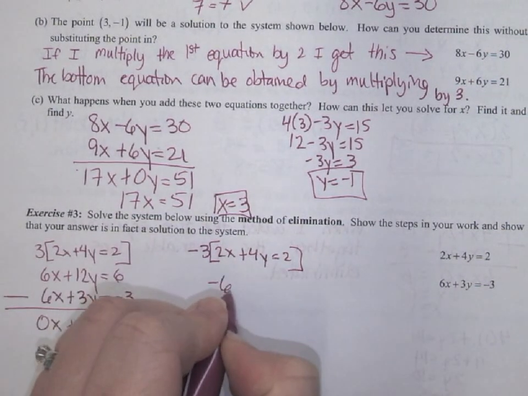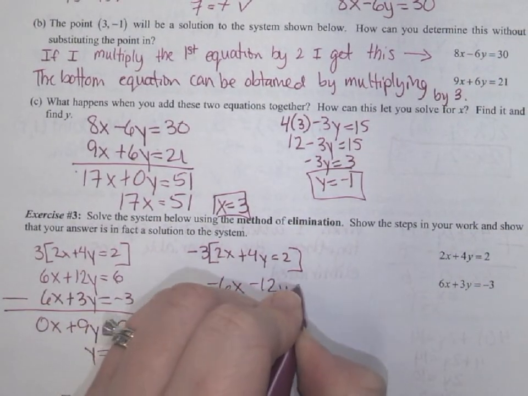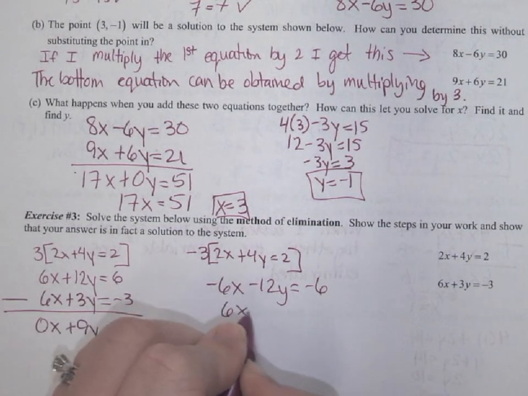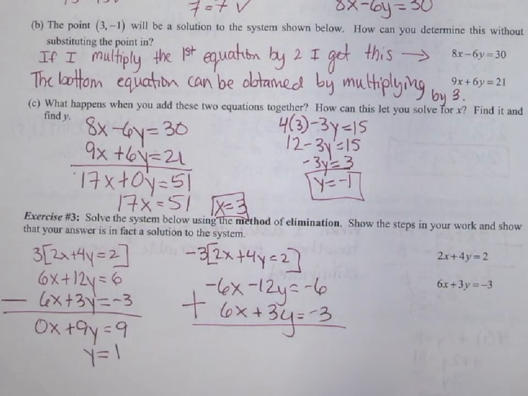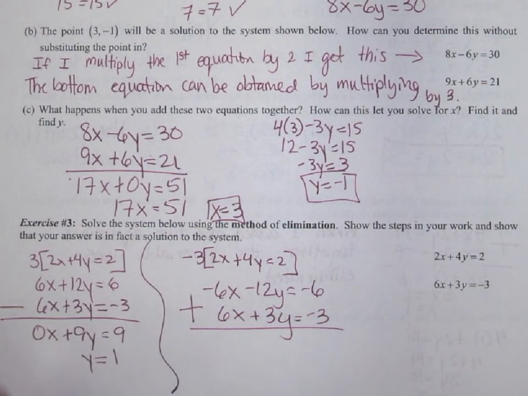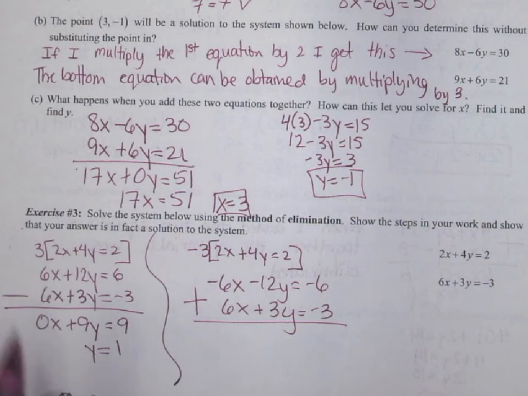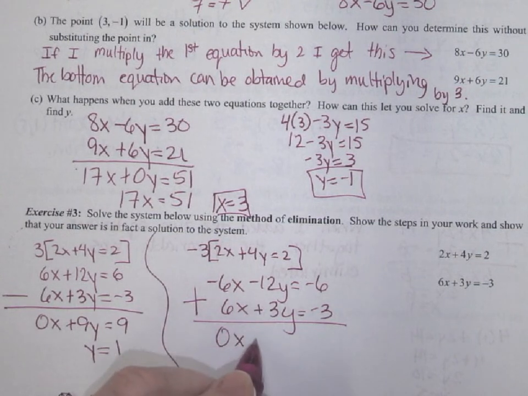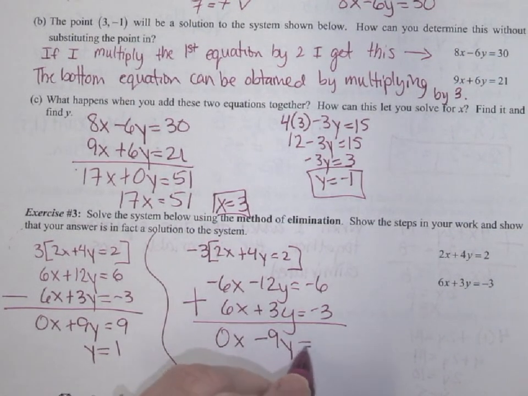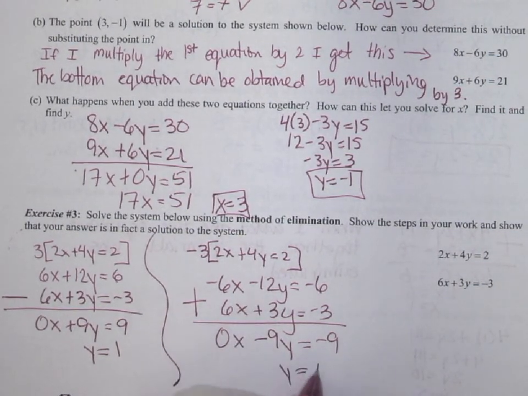If I do that, then I can add. So here, multiplying by the positive, my coefficients were the same, and I subtract. Here they're the opposite, and so I can add. I still get y equals 1.